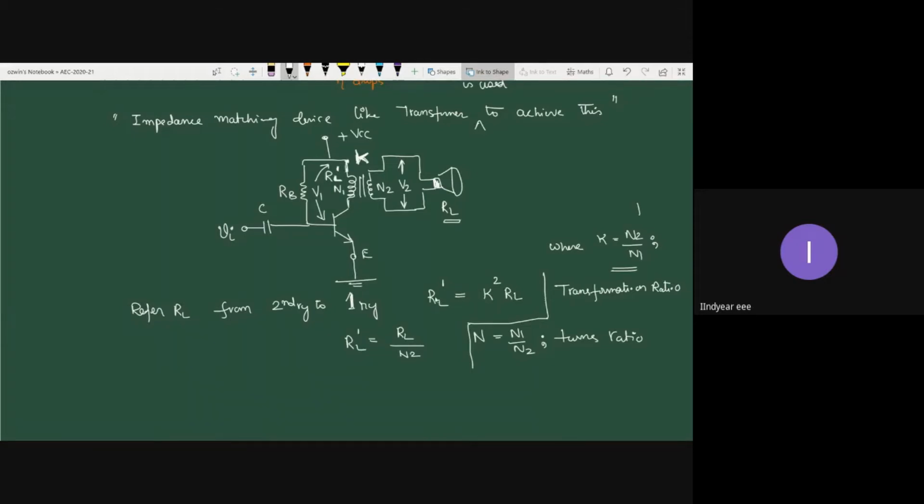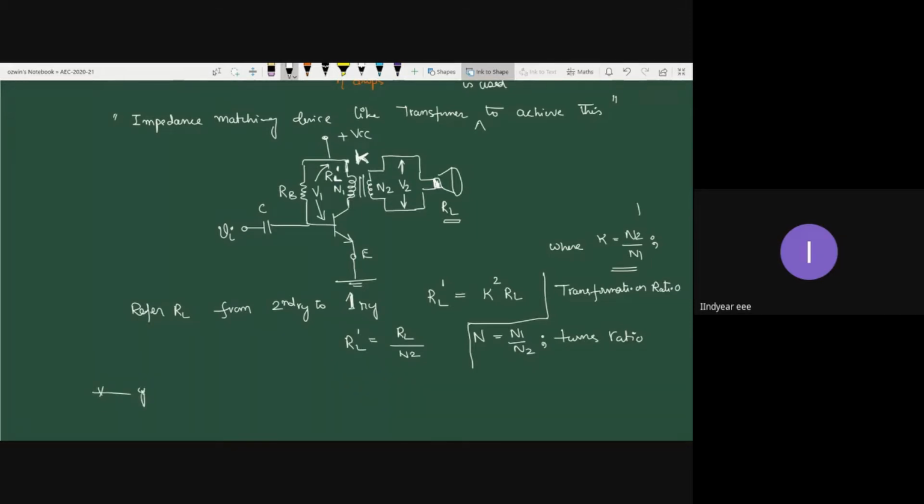By choosing the appropriate primary turns and secondary turns, it is possible to match the load resistance to the output impedance of the amplifier.